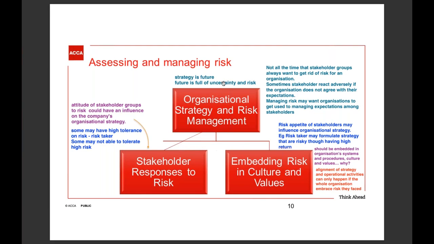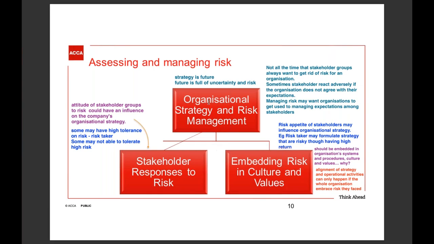So under this assessing and managing risk, under organizational strategy and risk management, it can be divided into stakeholder responses to risk, and then embedding risk in culture and values.